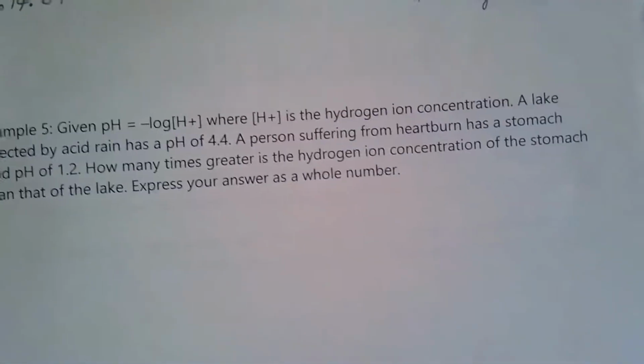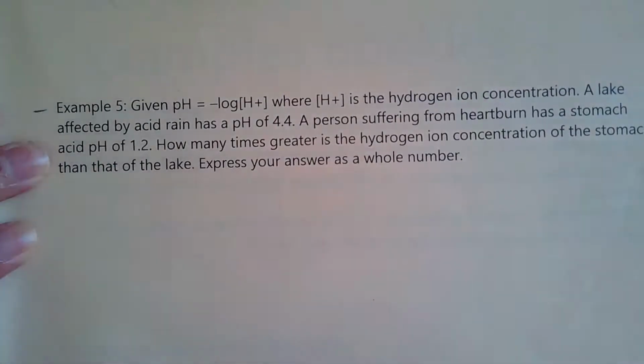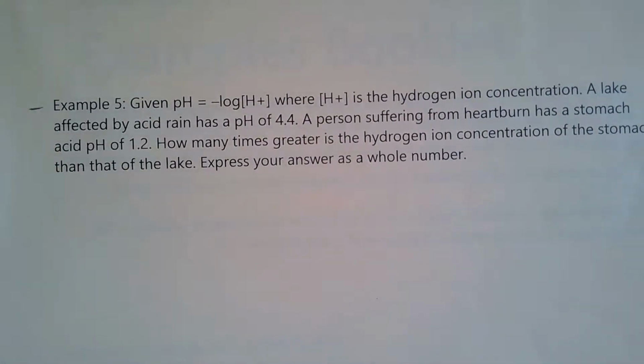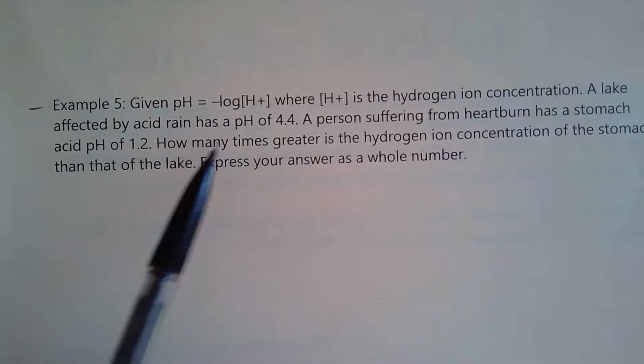We might have to cut our lesson up, or maybe finish off example 5, and then we'll continue on tomorrow. So example number 5, pH, and this is where I said last time that with the logarithm, you'll see it in chemistry.